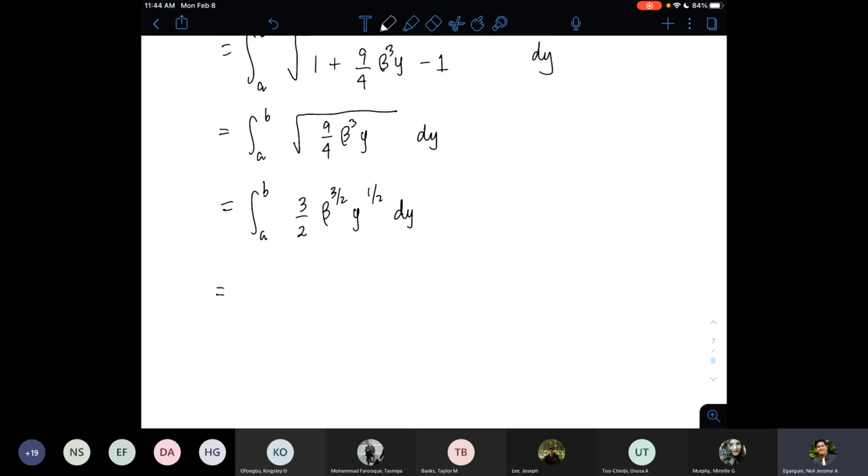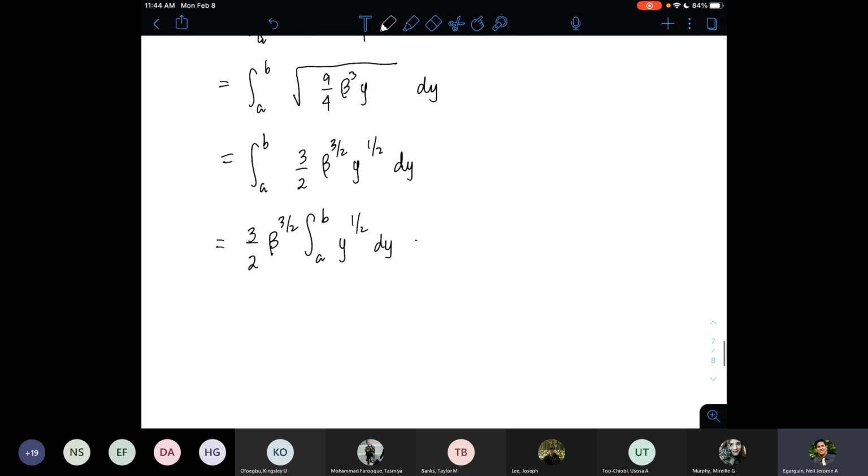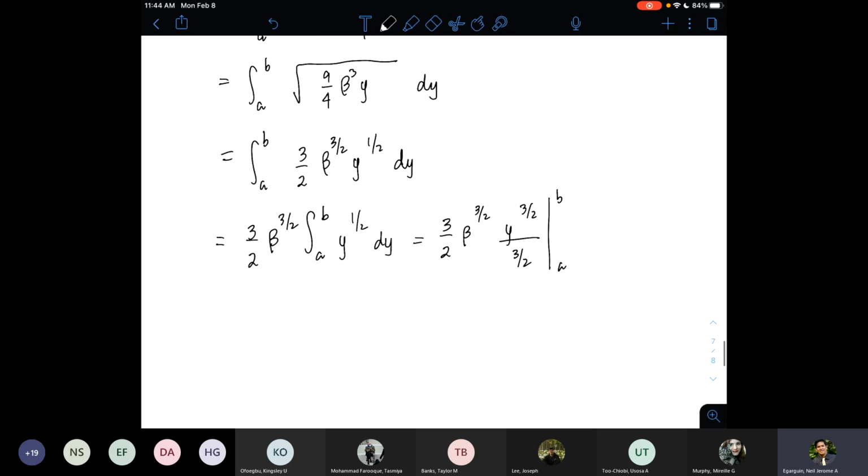And then notice that 3 halves and beta to the 3 halves are just constants, so they go out of the integral. So we will just be integrating y to the 1/2 dy. And remember, this will just be what? 3 halves beta to the 3 over 2 times the integral of y to the 1/2, which is y to the 3 halves all over 3 halves, evaluated from a to b.